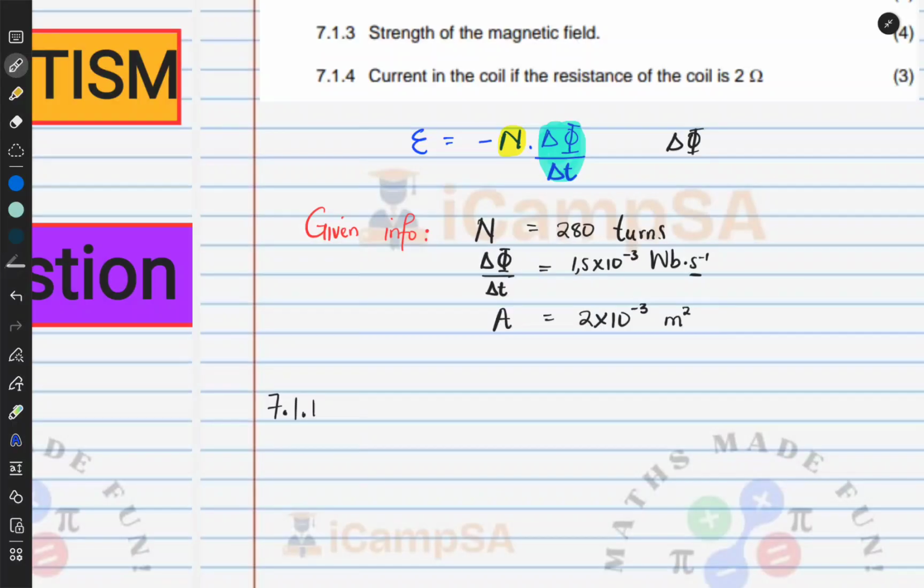If you remember, basically Faraday's law is telling us that whenever we have a change in the magnetic field around a conductor, that change in magnetic field or magnetic flux will induce an EMF in the conductor and also a current in that conductor, such that the induced EMF will be directly proportional to the rate of change of the magnetic flux.